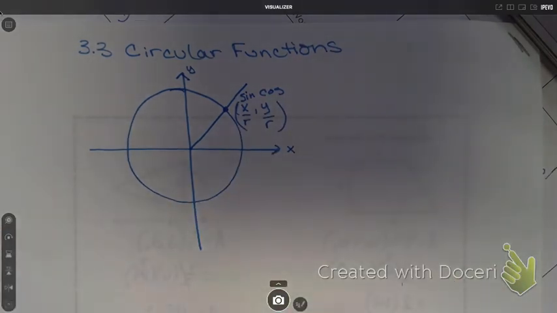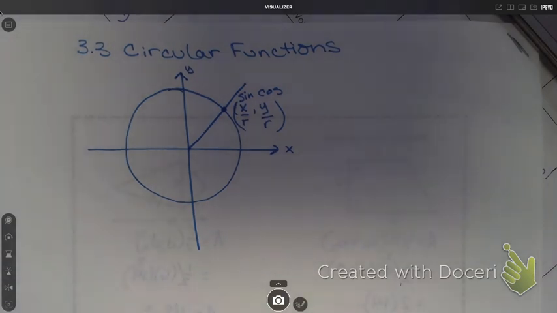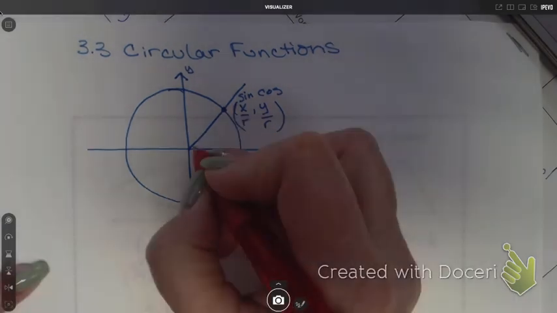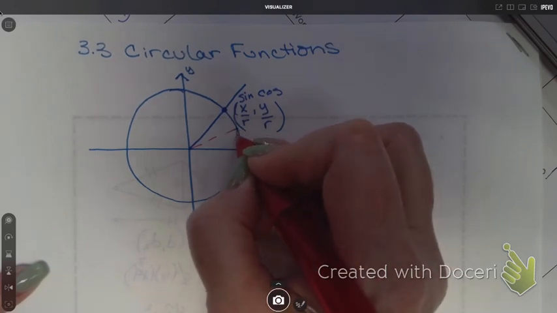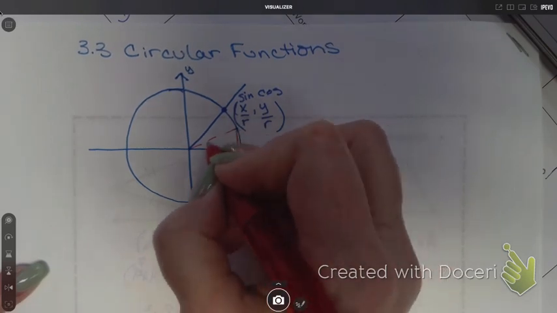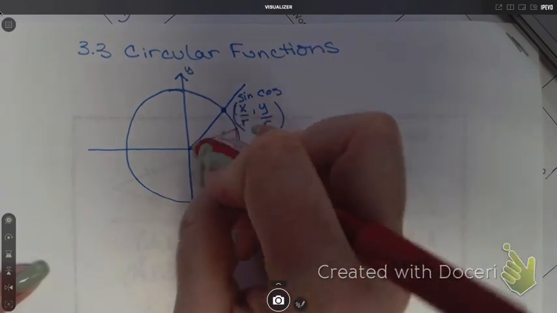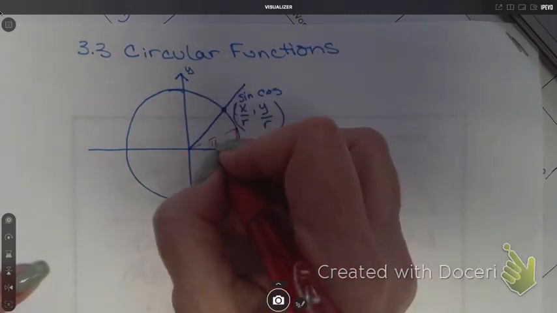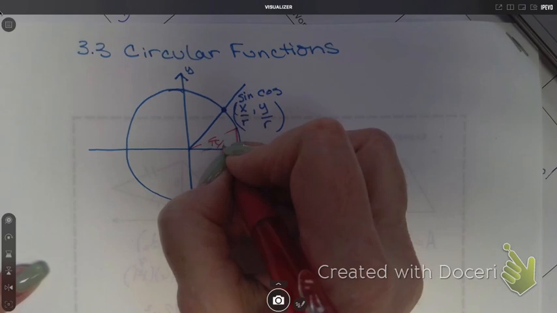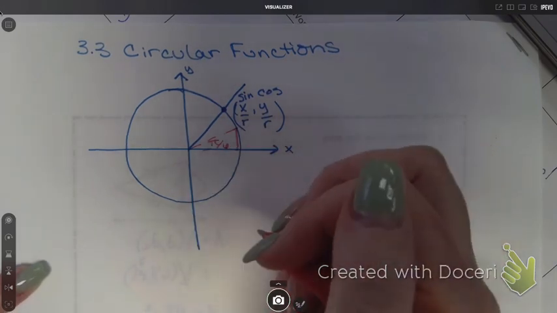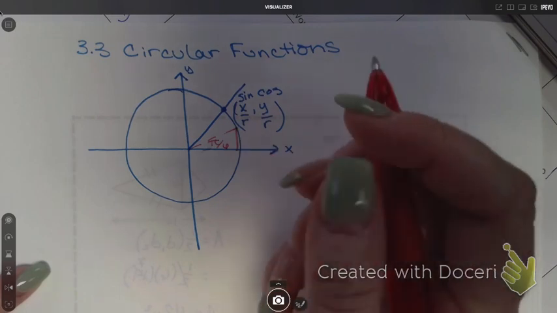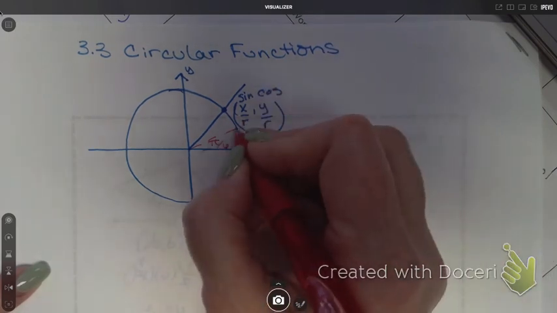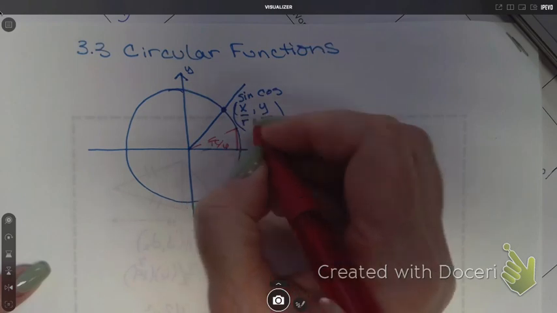Okay, so you have your radian circle, and so when I have 30 degrees, let's use the same circle, different color. If I have 30 degrees, I have this 30-degree triangle, yes? We're going to use pi over what? Pi over 6, because 30 goes into 180 six times. So the side opposite 30 is 1.